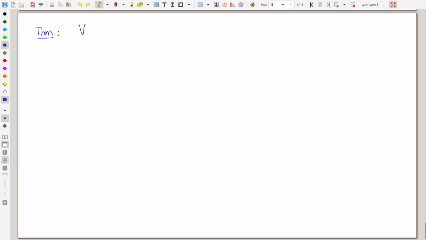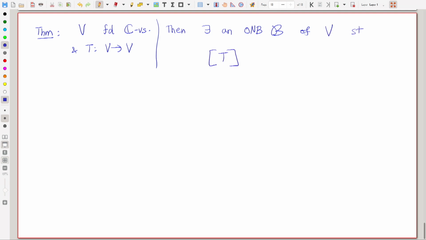It says, suppose V is a finite dimensional complex vector space, and T is an operator from V to V, then there exists an orthonormal basis, let's call it B, of V such that the matrix of T with respect to that orthonormal basis is upper triangular.